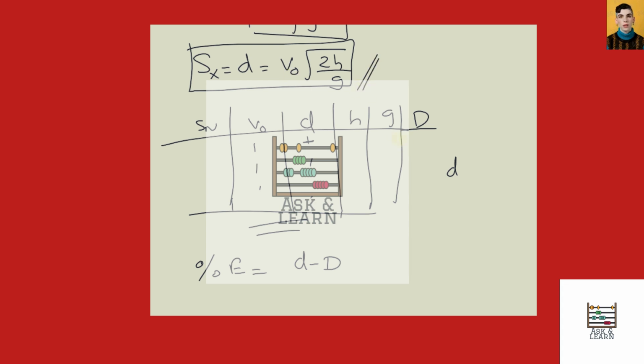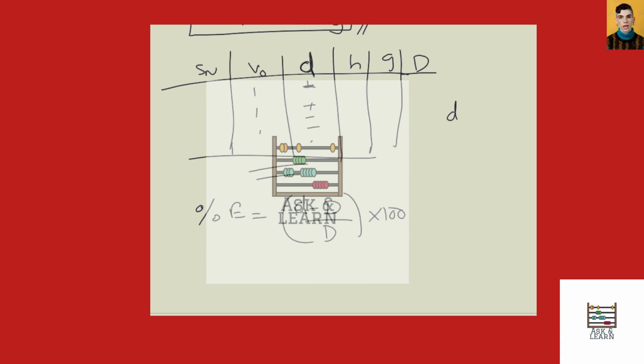So D minus d by D times 100 will give you the percentage of error. So that will be the experiment. Each time you do it, you will have v0, d and D, which are varying, and you can just calculate the percentage of error.